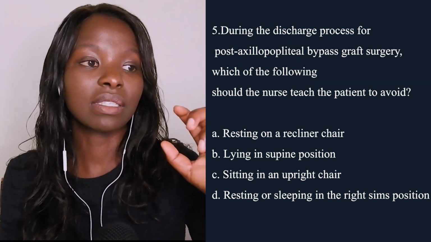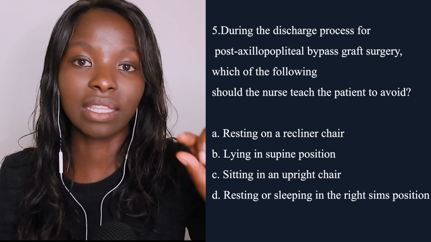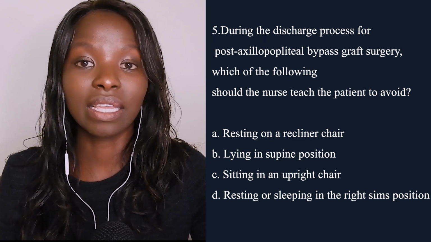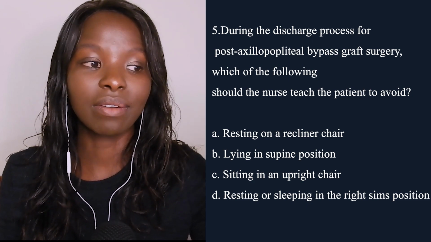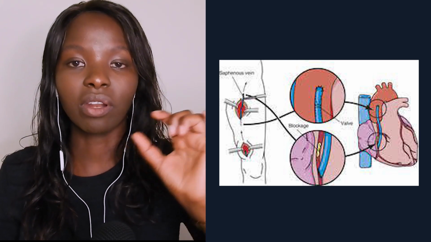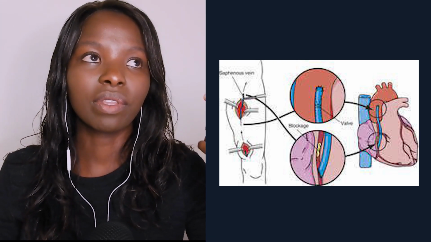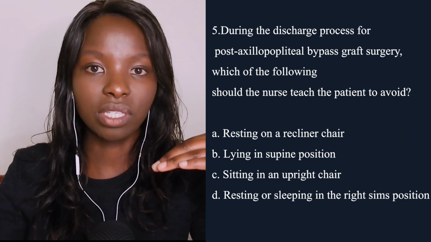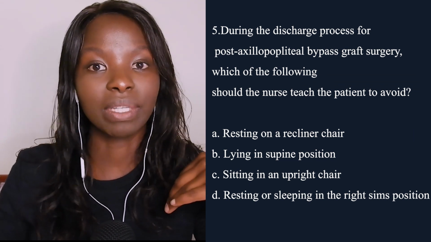Now, basically, this means CABG has been done and the graft has been collected from the axillopopliteal blood vessel. I'll leave an image of that here. And because the graft has been collected from this area, one of the factors to consider is that circulation to the foot has been influenced in a particular way.